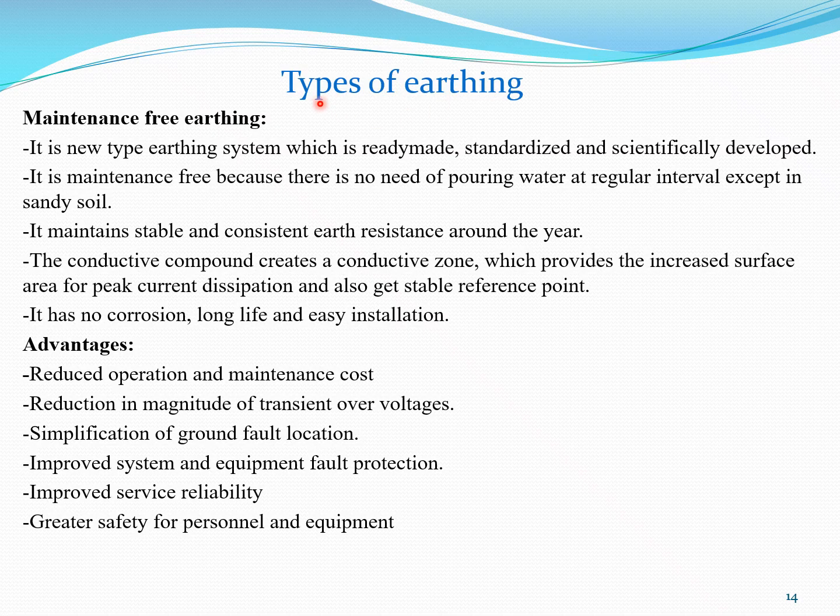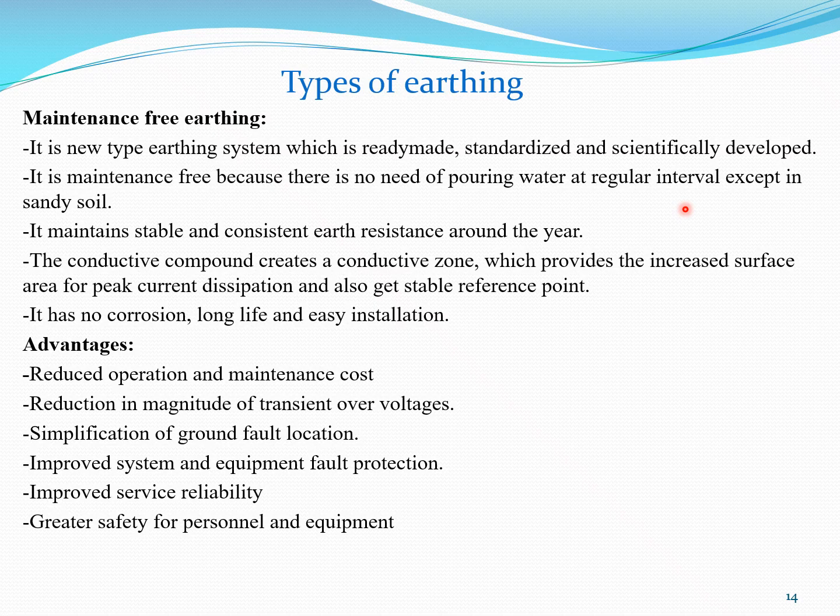Thus, the maintenance-free earthing system is a new type of earthing system which is ready-made, standardized, and scientifically developed. It is maintenance-free because there is no need of pouring water at regular intervals except in sandy soil. It maintains stable and consistent earth resistance around the year.